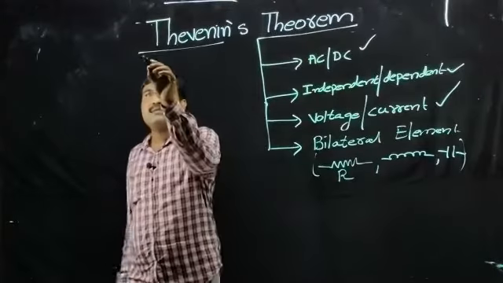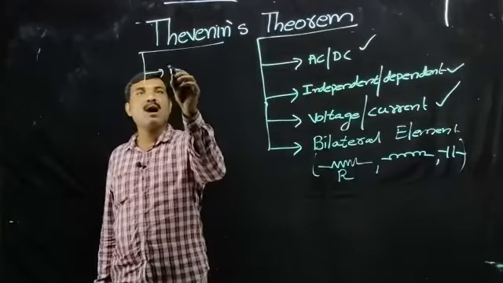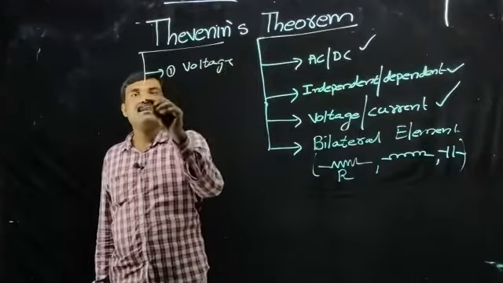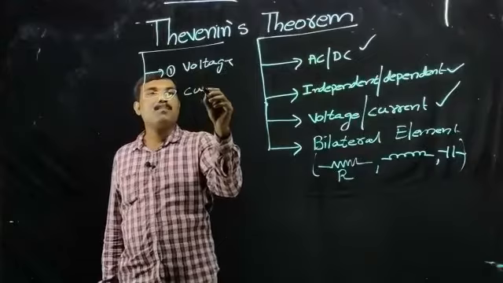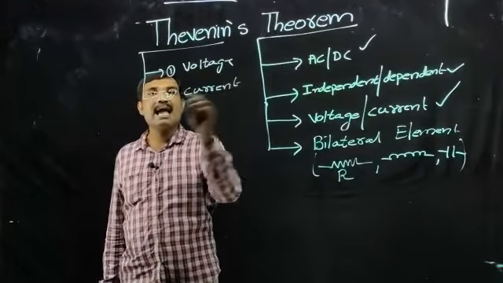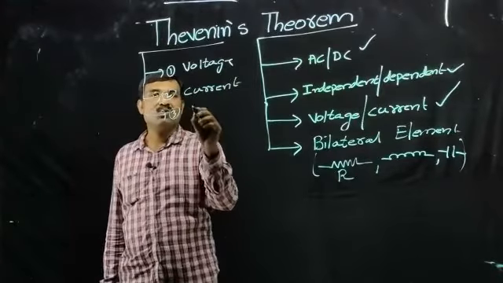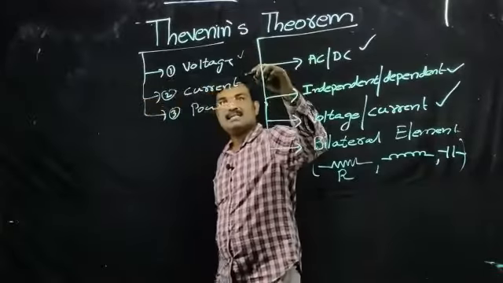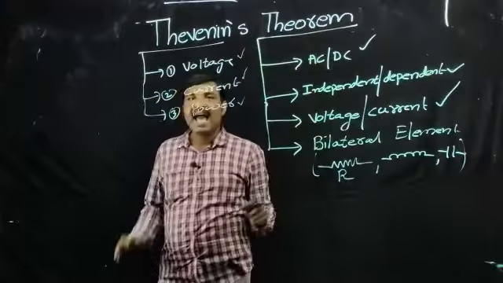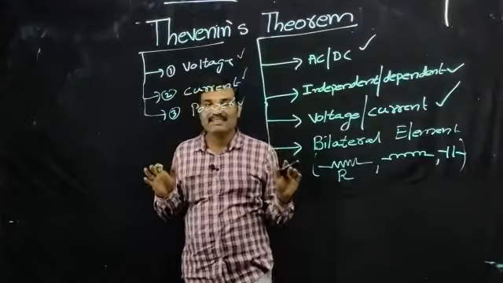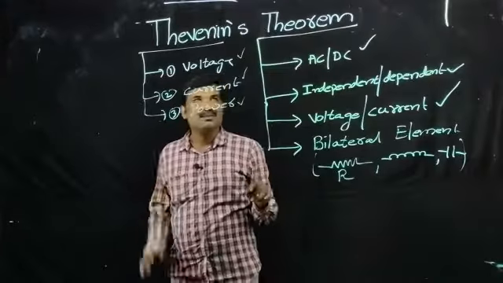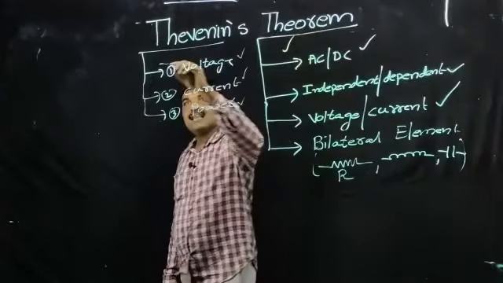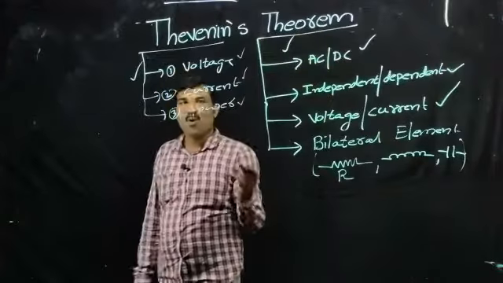We can use it to evaluate voltage, current, or power across any element within the network, right? So first, these are the conditions on network elements, and this is the use of Thevenin's theorem.